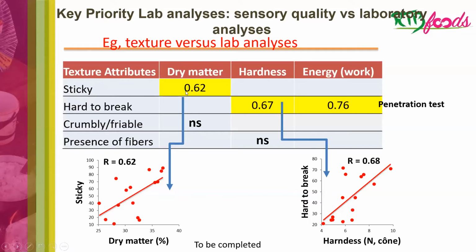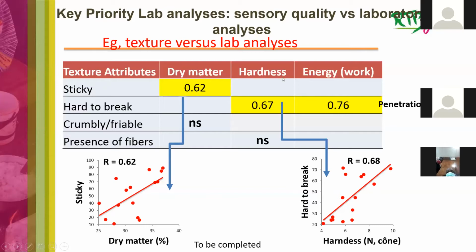I gave here some cases. We have dry matter, which is correlated with sticky. We have instrumental hardness, I say, and the work energy exerted to penetrate the sample, which is correlated with hard to break.